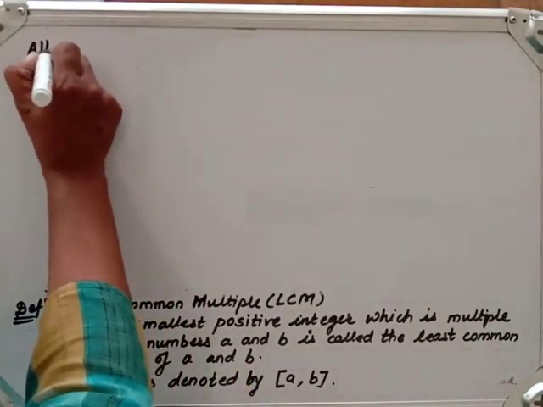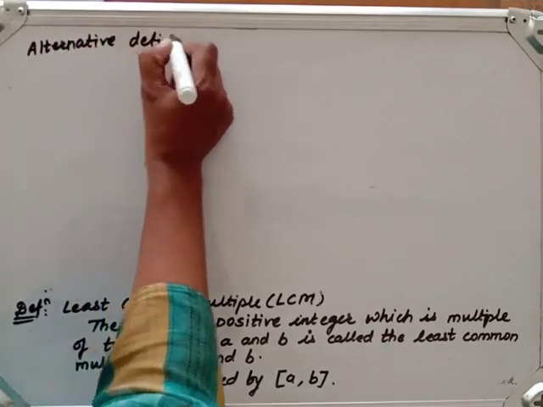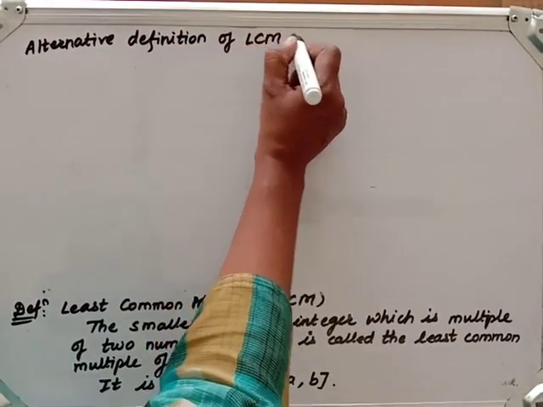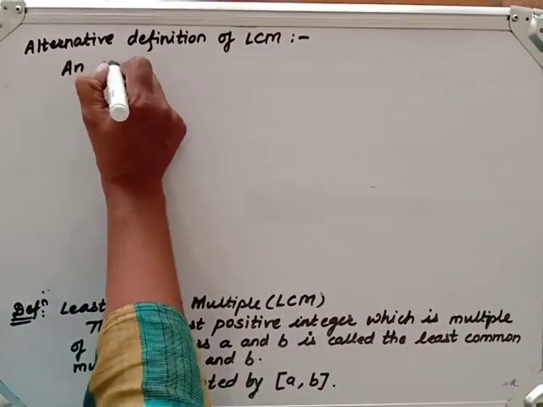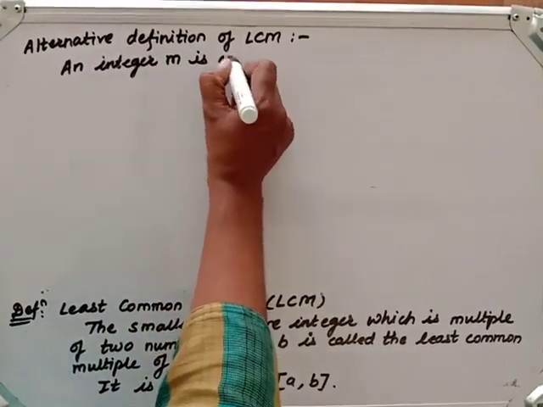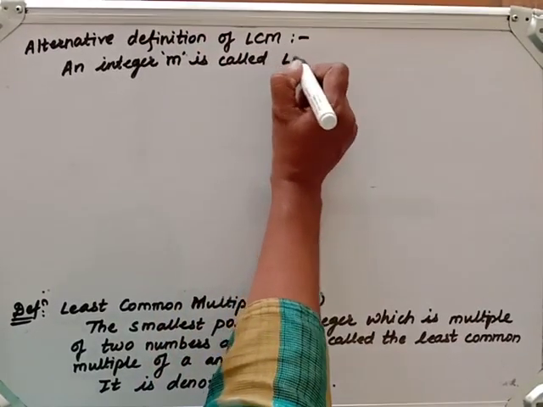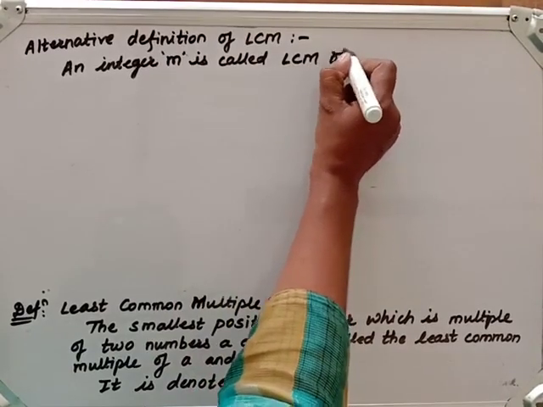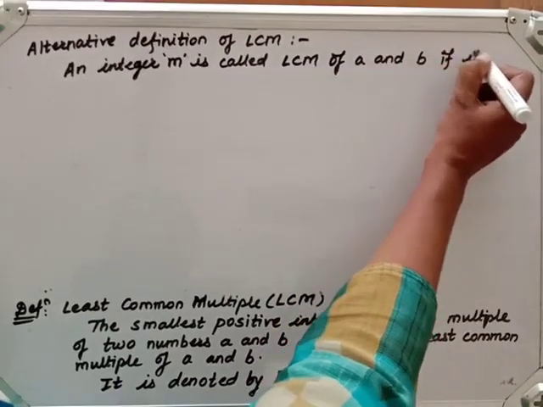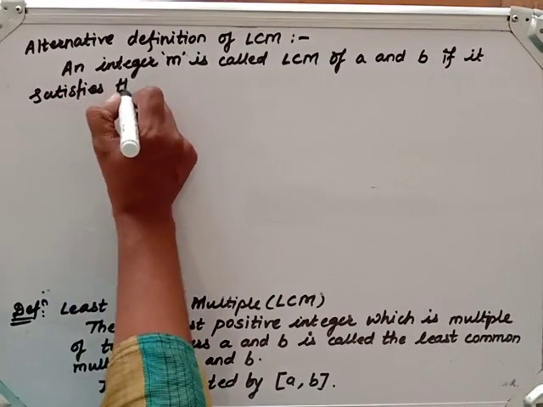Now the alternative definition of LCM: an integer m is called the LCM of A and B if it satisfies the axioms.